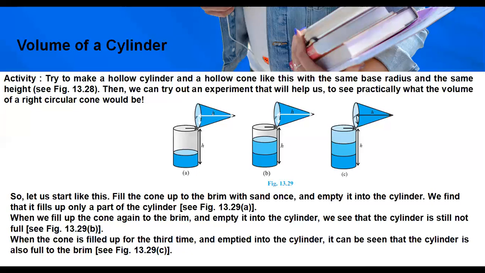Now we need to fill the cone for the second time with water up to the brim and pour the entire quantity of water into the cylinder as shown in the figure 13.29b. And we need to fill the cone for the third time again with water up to the brim and pour the entire quantity of water into the cylinder as shown in the figure 13.29c.